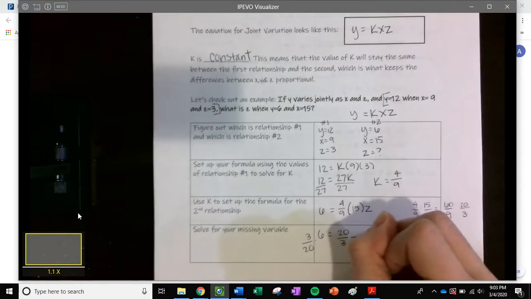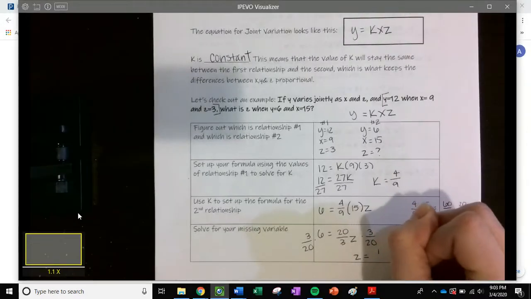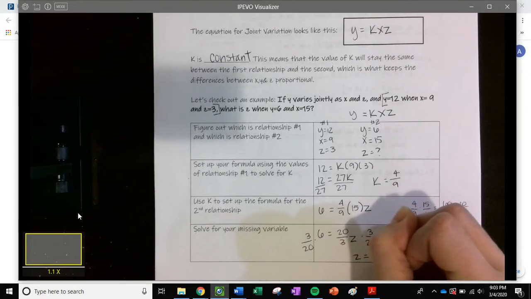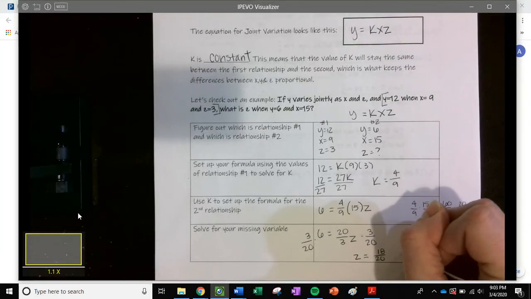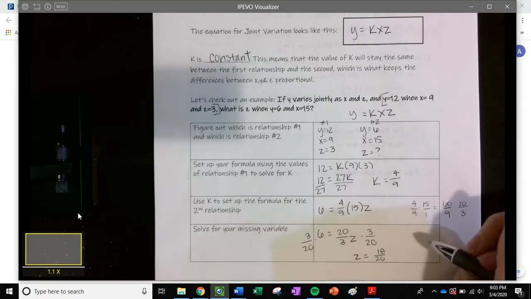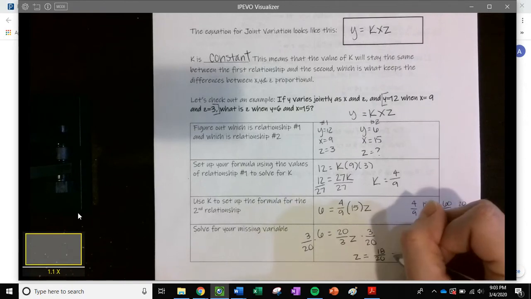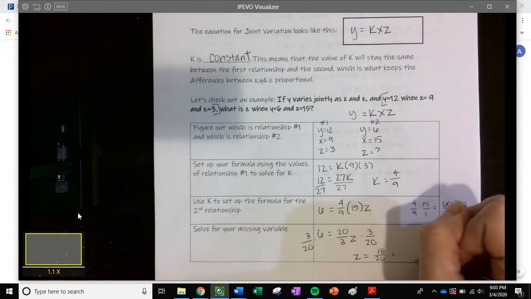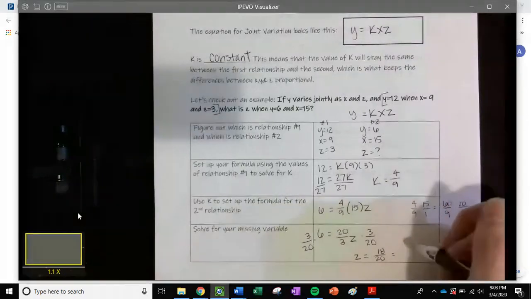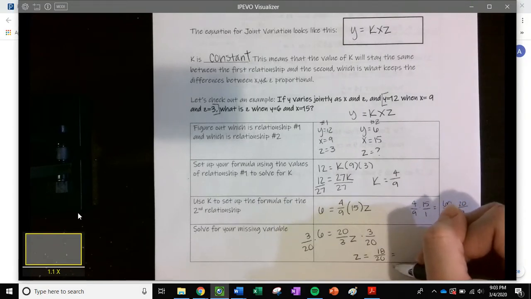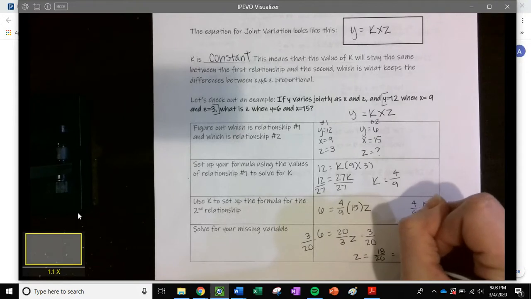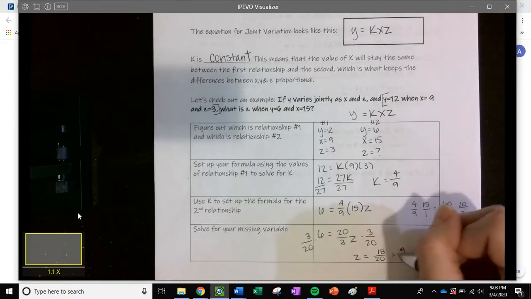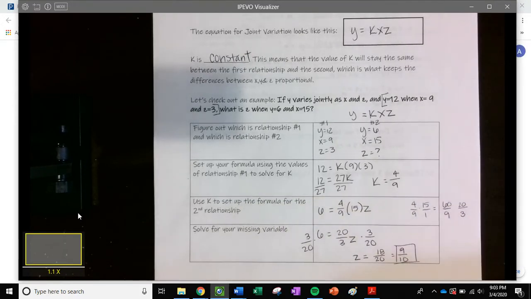That means we've got z equals 18/20, which we can reduce down to, if we divide each of those by 2, 9/10. So my value of z is 9/10.